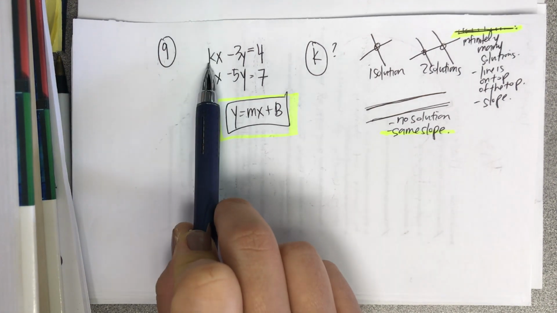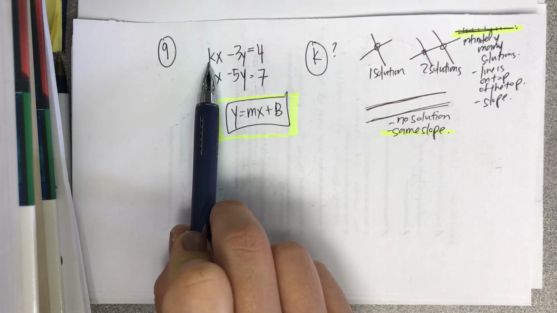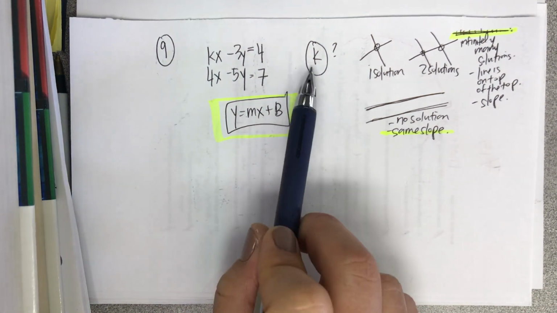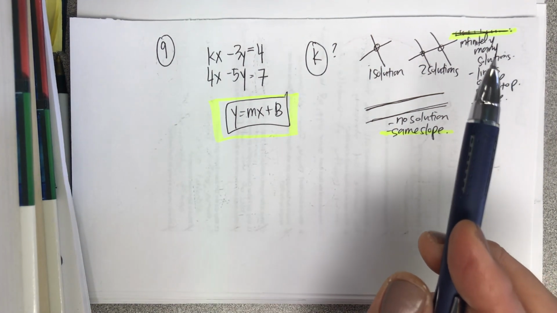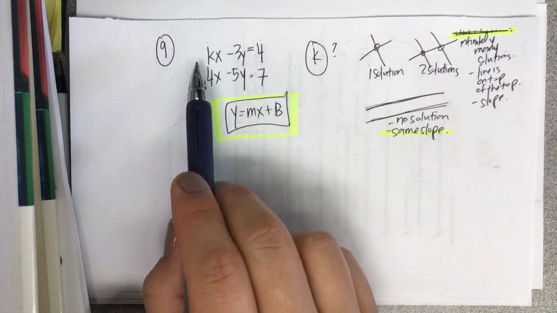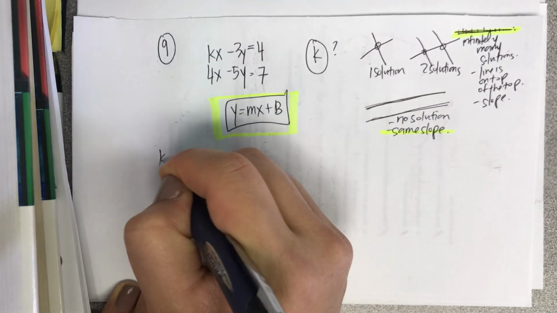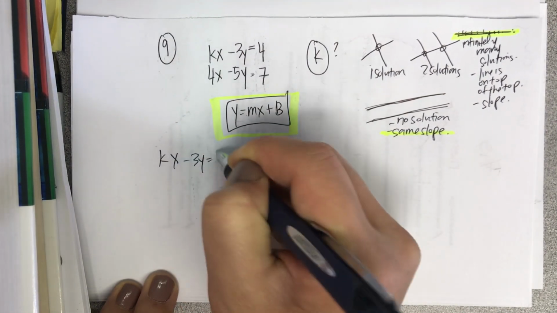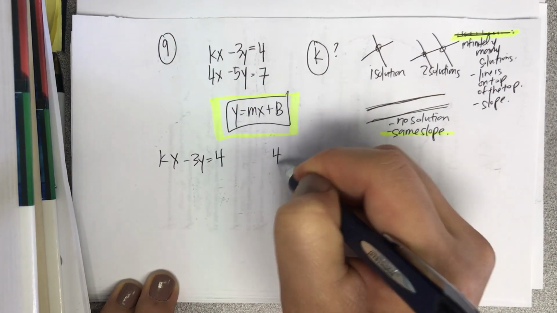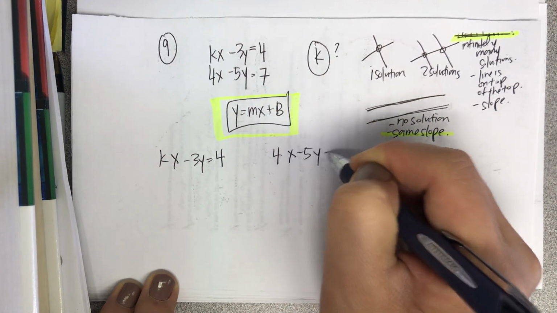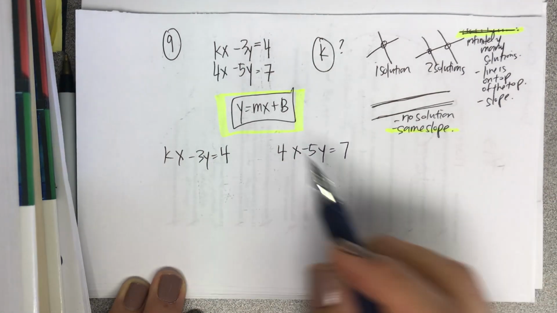What does that mean that the k would be? The slope. If they want to know what is k, that means they want to find the slope. So I'm going to take each of these and separate them right here, and put both of these lines into the slope formula so it looks easier for me to read.